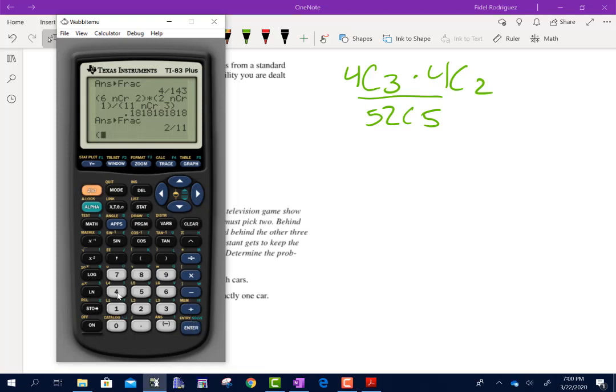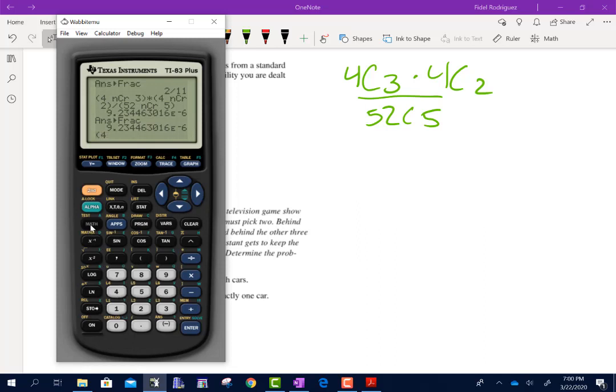Okay, that's okay. 4, math, choose 3, times, let's see, 4, choose 2, math, probability, choose 2, okay, divided by 52, math, choose 5, right, because we're taking a total of 5 of them. Enter math, fraction, does it work? Oh, it does not.